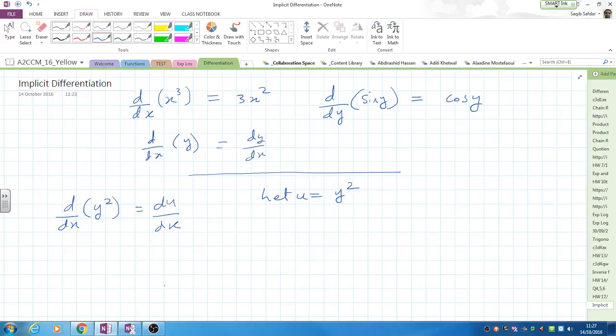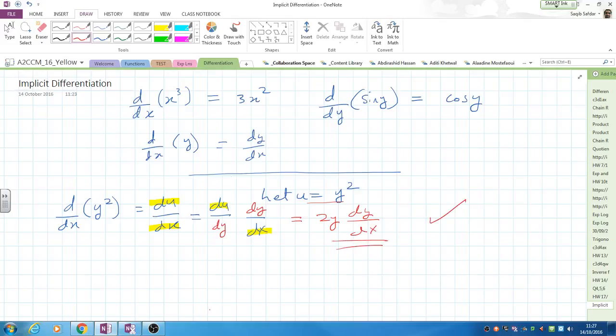We know du over dx is just going to be du dx, and in between them I'm going to put my third variable, y. So my answer will be du over dy, which will just give me 2y, multiplied by some dy over dx.